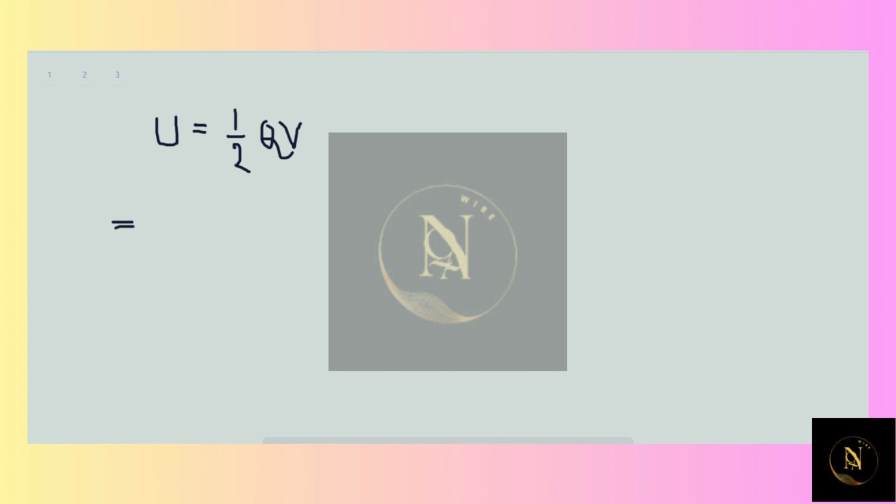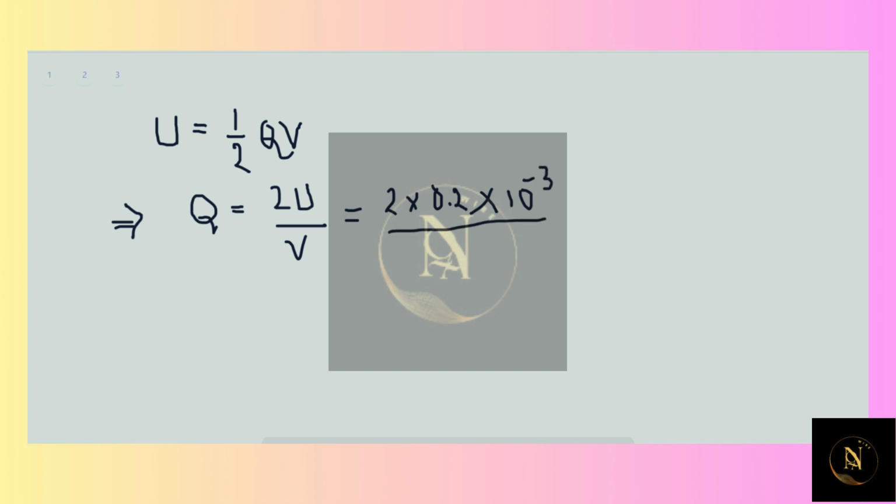From this, we can find the charge on the capacitor, which is 2 capital U divided by V. So it's 0.2 times 10 raised to negative 3 joules divided by the voltage, which is 500 volts.